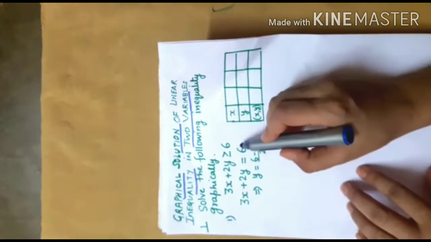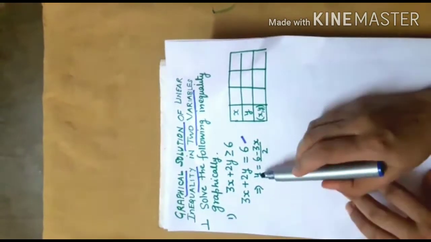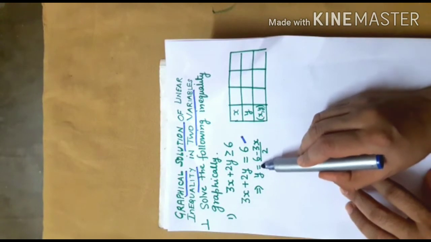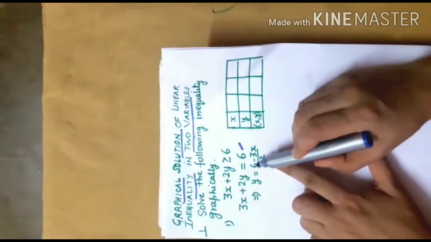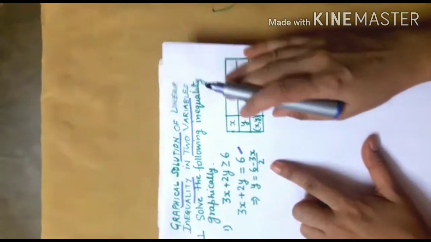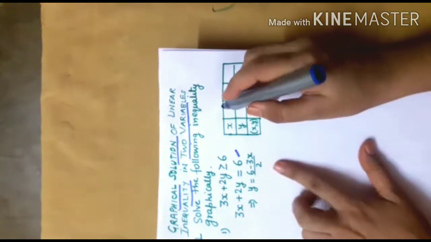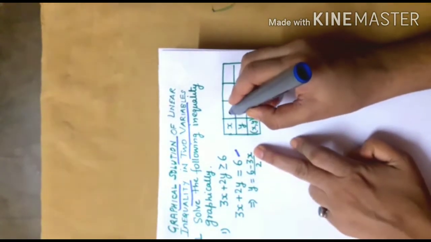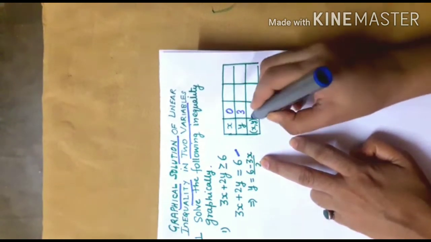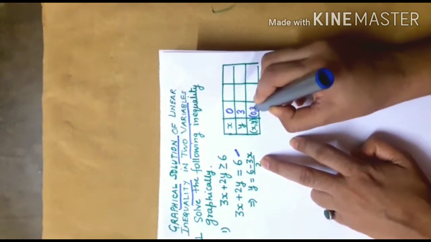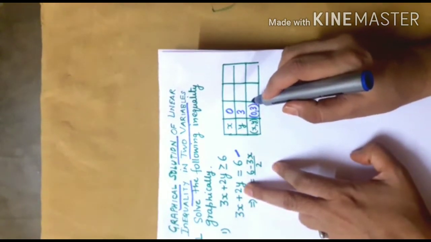So first we have to plot the graph of this equation. From here I'll get y equals 6 minus 3x over 2. Now for plotting the graph, I'll obtain three solutions of this equation. First I put x equals 0. I'll get y as 3. So the first ordered pair is 0, 3, which satisfies this equation.